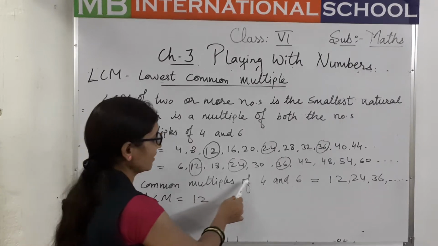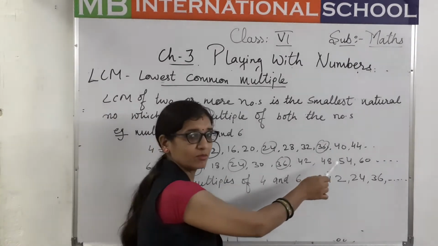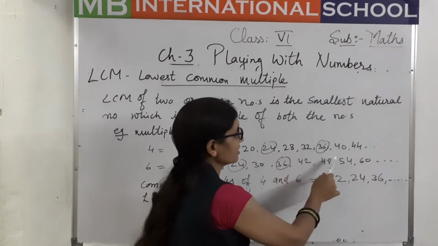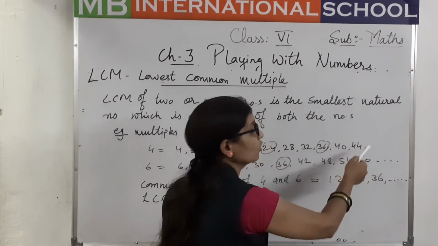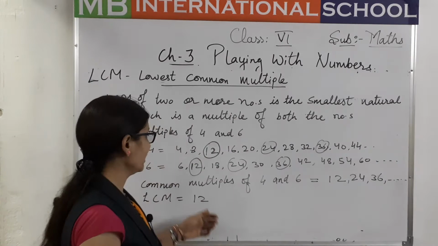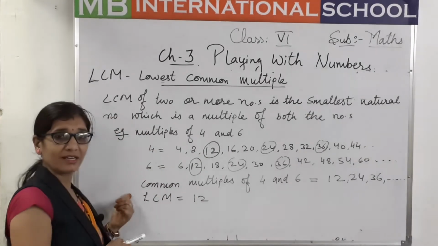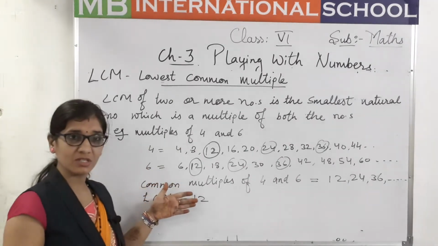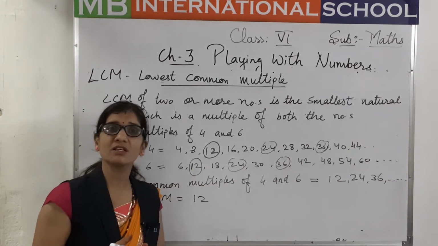So we first find out all the common multiples. First is 12, then 24, then 36, then we get 48 also, on and on. But in LCM we have to find the lowest common multiple, and in these both numbers 12 is the smallest common multiple.